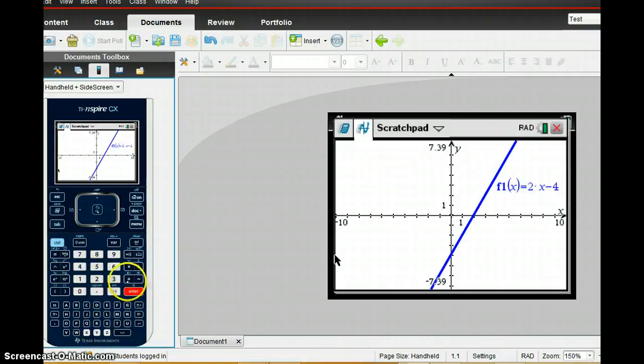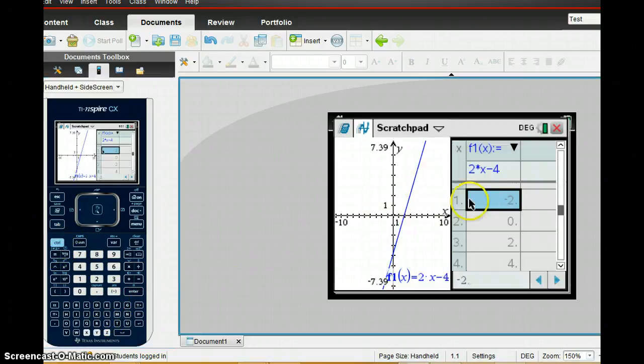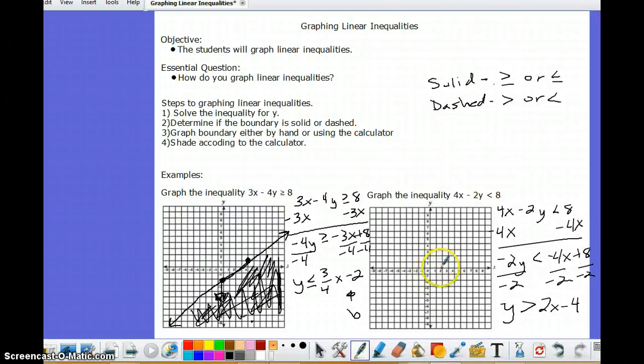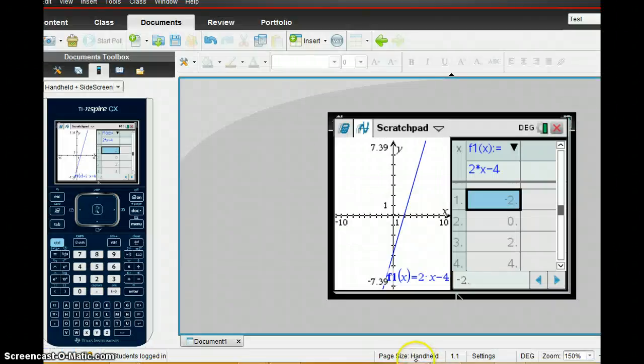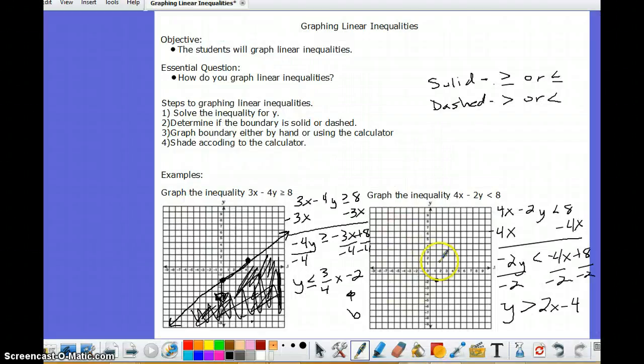Okay? There's my boundary line. Okay, so I want to press Control T to bring up my table, and now I pick some points. 1, -2, 2, 0. Those sound good.